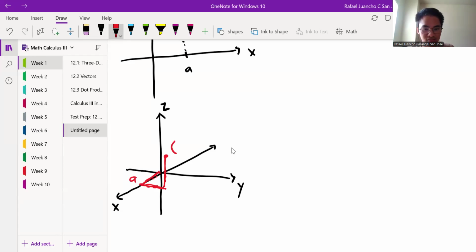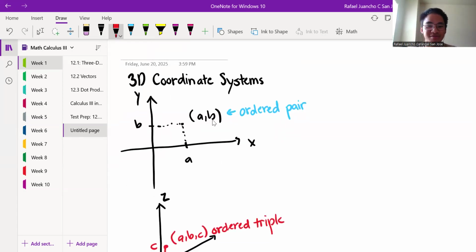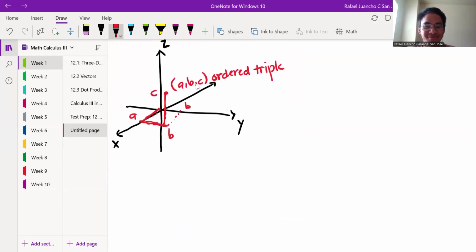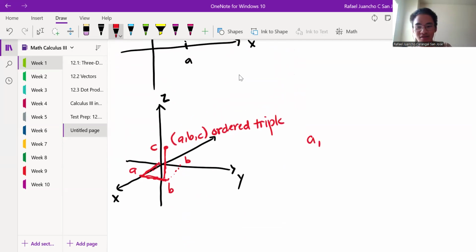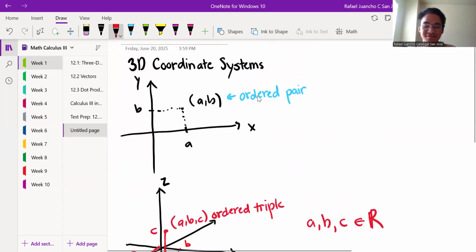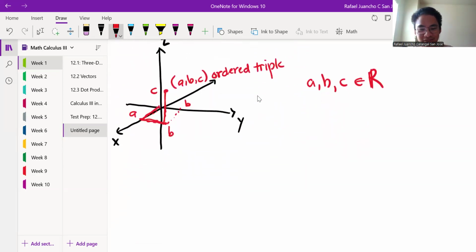So let's say this is A. This is B. And then this is C. So we have this A, B, C, which is what we call an ordered triple. Because this one's a pair of two numbers, right? And then this one, it's three numbers, assuming A, B, and C are numbers. So this is an ordered triple, assuming A, B, and C are real numbers, right? So it's just like an intro. We're just looking at 3D stuff.